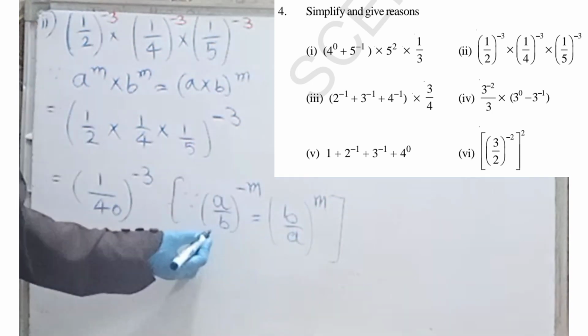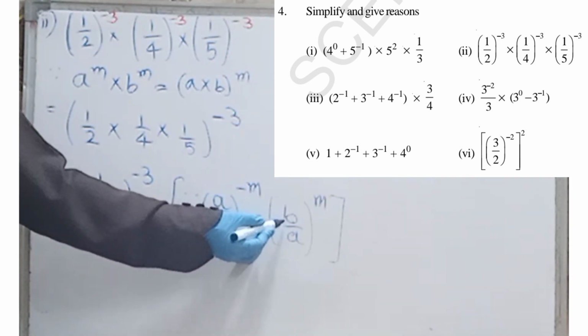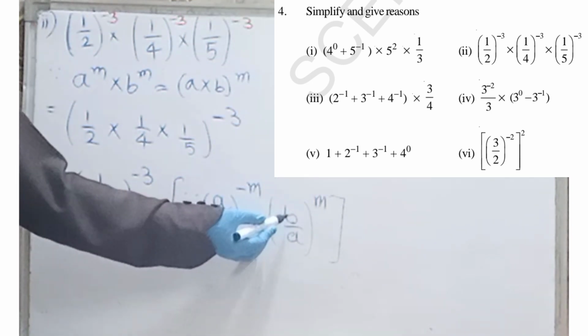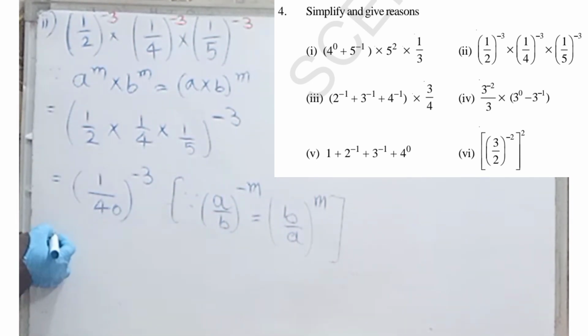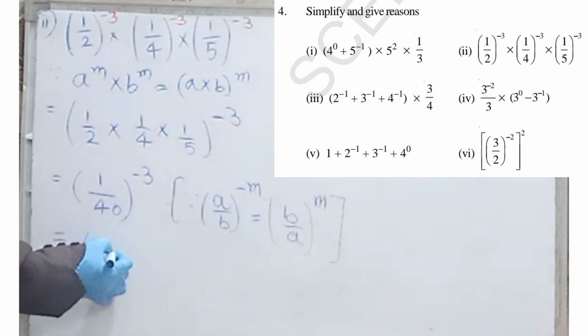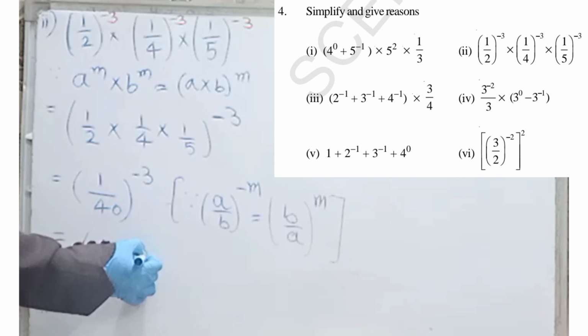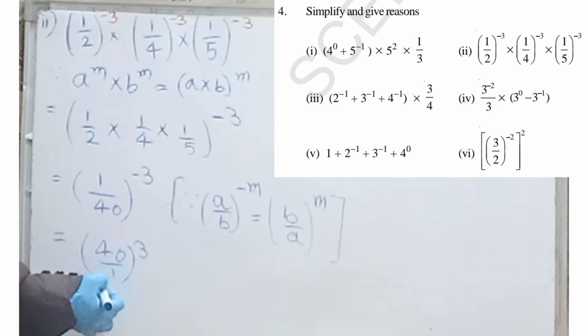That is, whatever is inside the bracket, we have to write the reciprocal of it. The numerator will change to denominator and the denominator will change to numerator. So it is equal to 40 by 1 whole power 3. So 40 by 1 is nothing but 40 only. 40 cube. Here is the final answer.